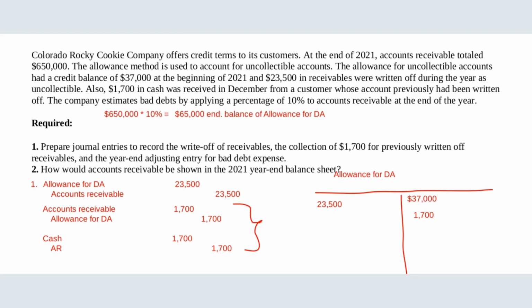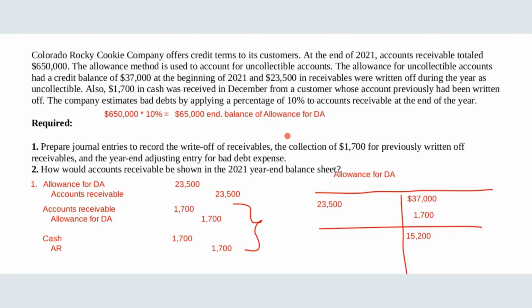And so the ending balance right now is, so what is it? 37 minus 23, 17, 15,200. It's 15,200, and we said it needs to be 65.